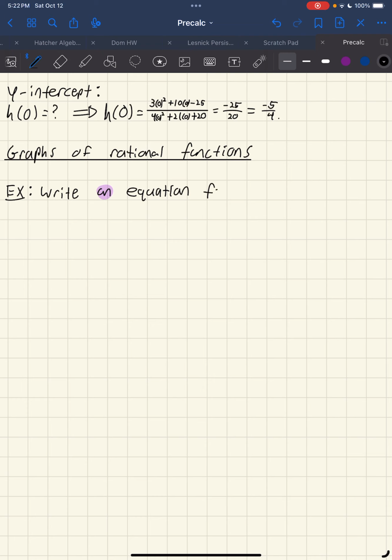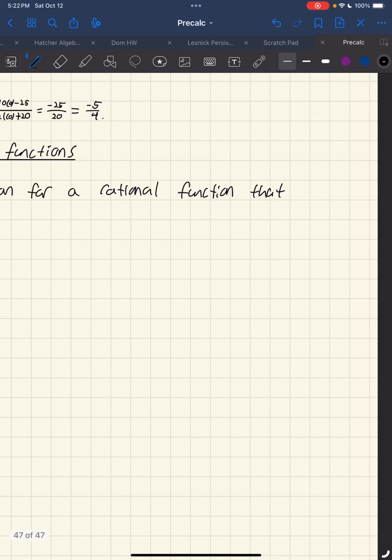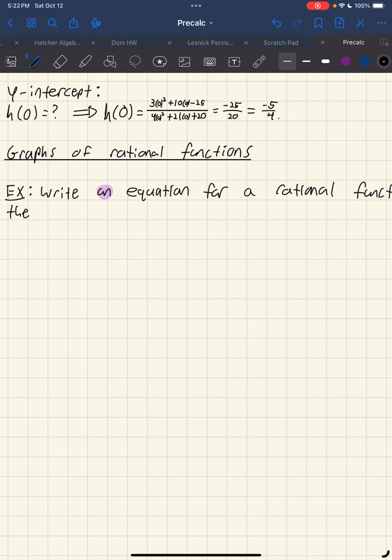For a rational function that has the following. So there's going to be a few properties, and we need to come up with an equation that satisfies all those properties.